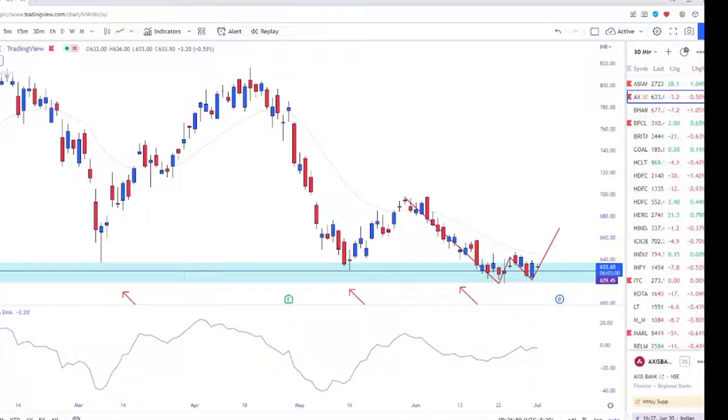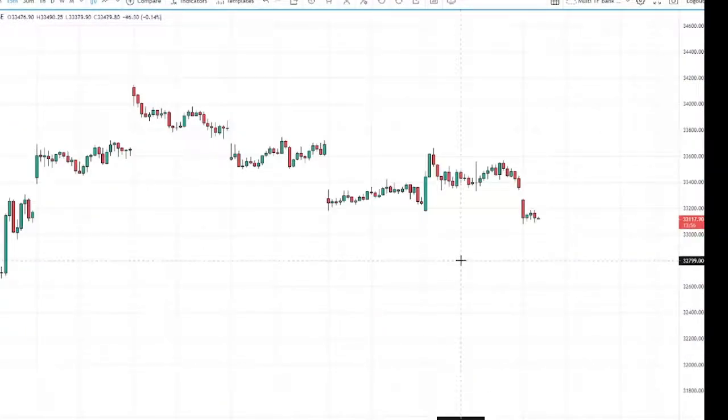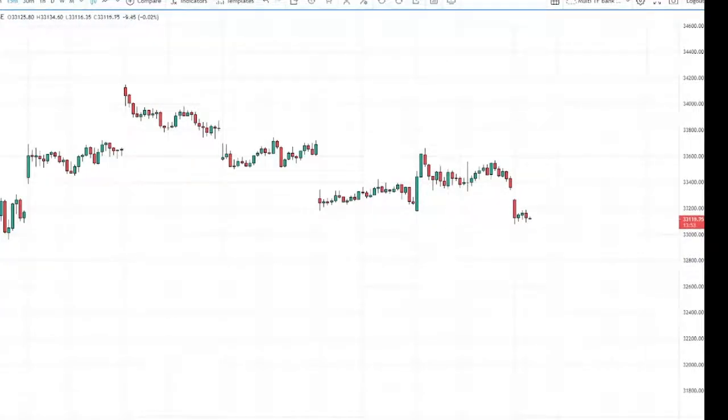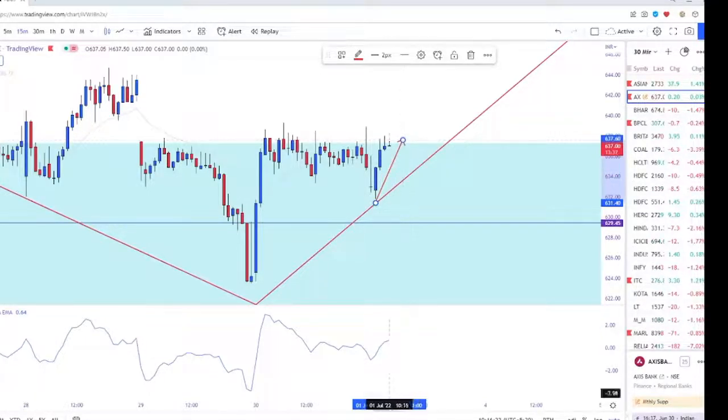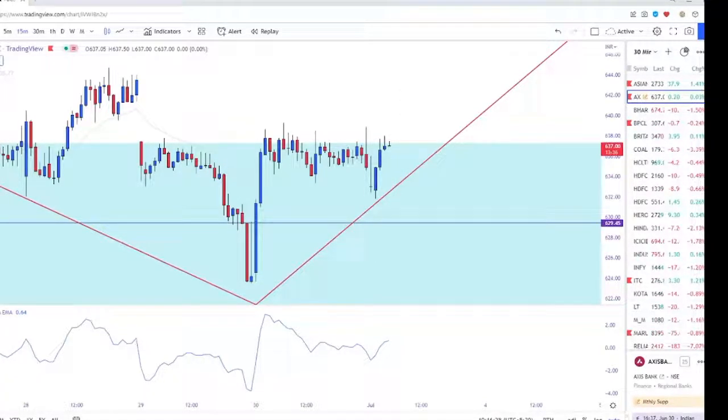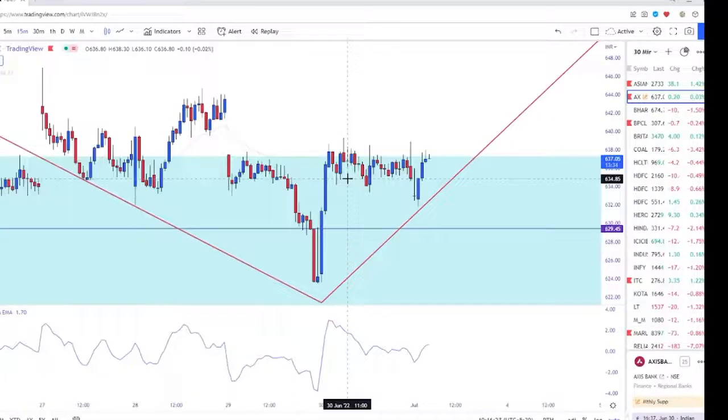It's been an hour now, and as you can see, this is the 15-minute chart of the Bank Nifty index, and Bank Nifty is going sideways. And this is a 15-minute chart again of Axis Bank, and you can see it's going up. So it vindicates my bias basically.